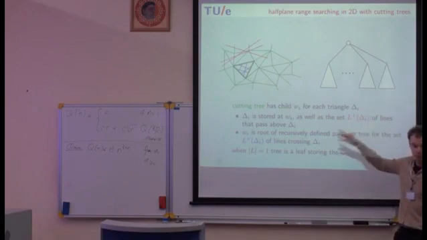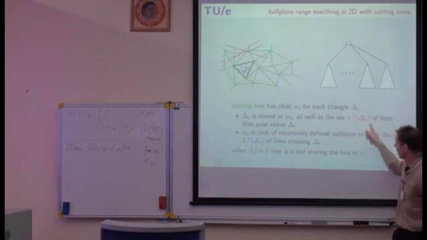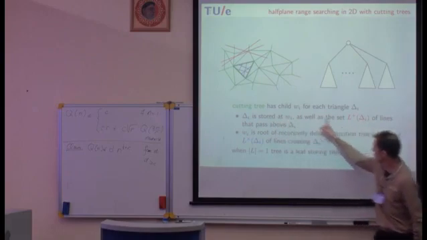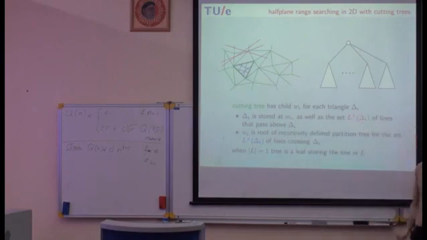If I want to report them, maybe I have to explicitly store this set of lines. So here I store the triangle plus the set of lines that are above.